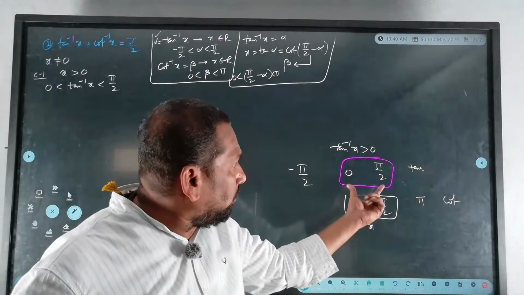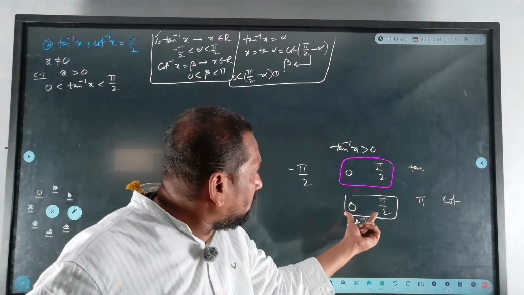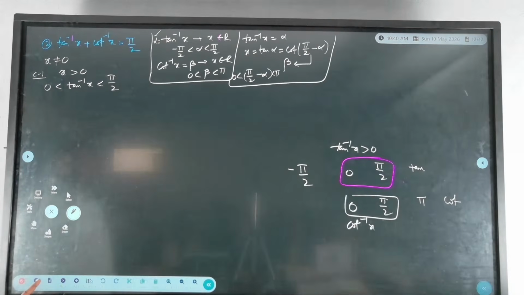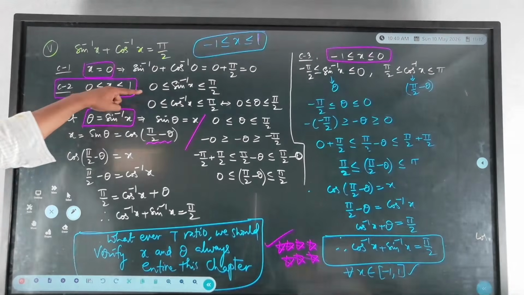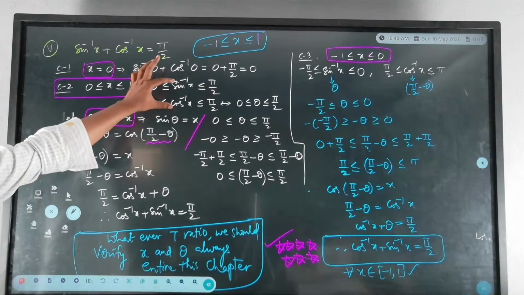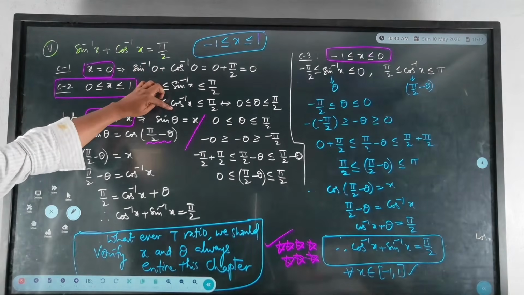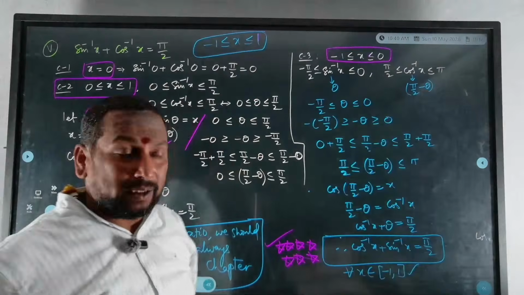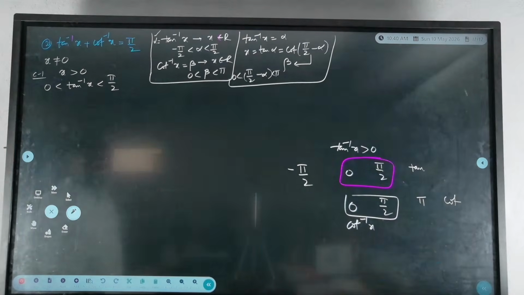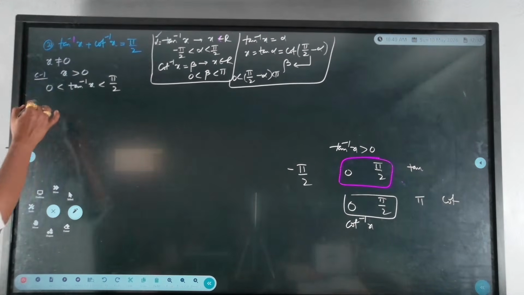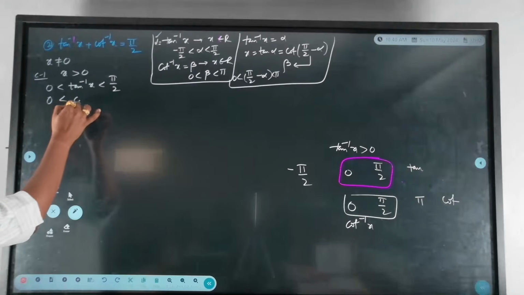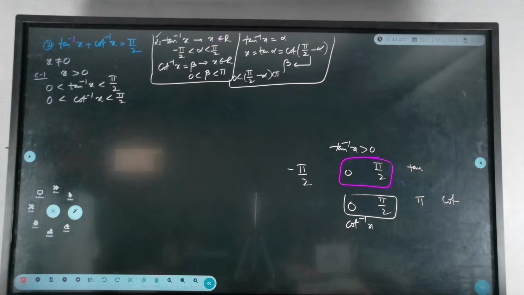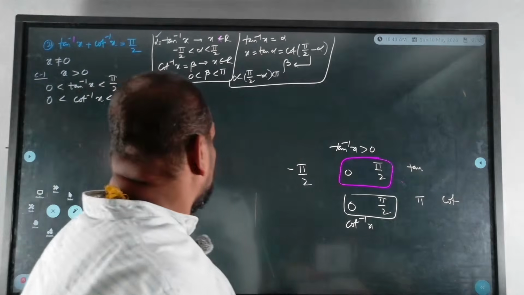So both tan inverse and cot inverse are positive between 0 to pi by 2. Once observe here, 0 to pi by 2, sin inverse and cos inverse are both positive. It is alpha, it is pi by 2 minus alpha; pi by 2 minus theta. It is theta, it is pi by 2 minus theta. So 0 less than cot inverse x less than pi by 2.